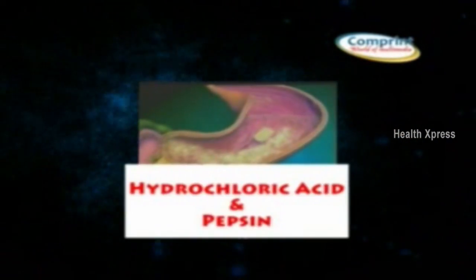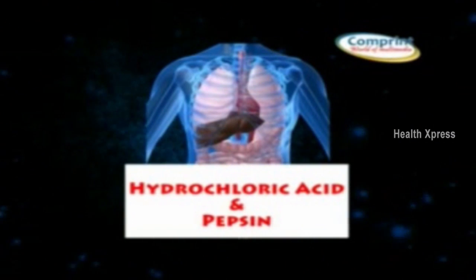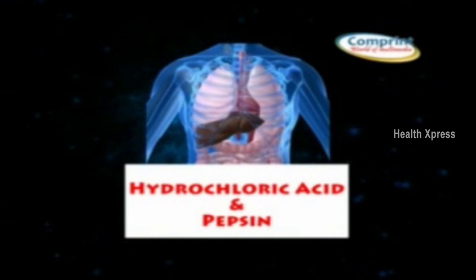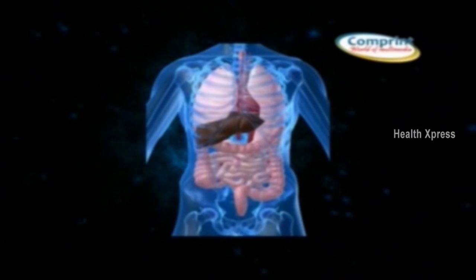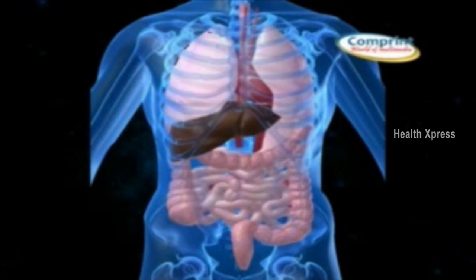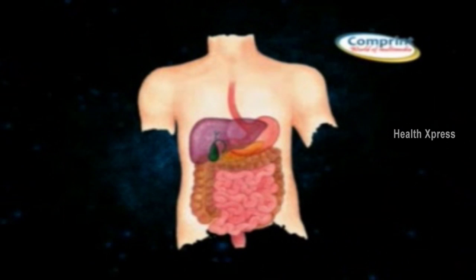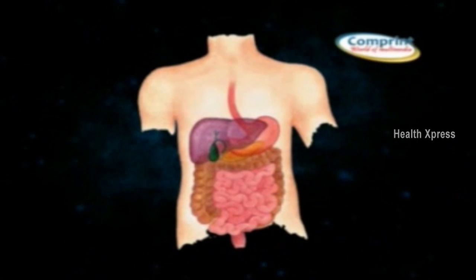In the stomach, the muscles mash the food up, and at the same time, gastric juices like hydrochloric acid and pepsin break down the food into smaller molecules. In the stomach, food is stored for a few hours and gets churned up.